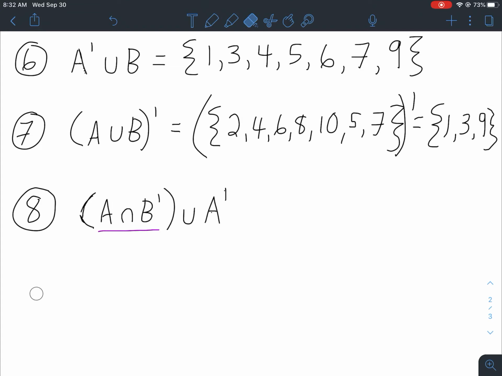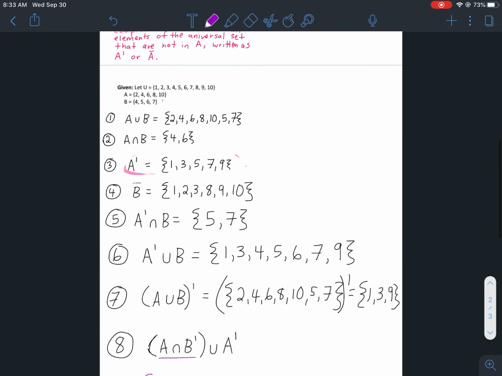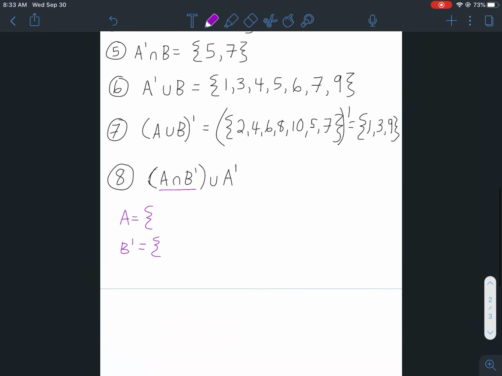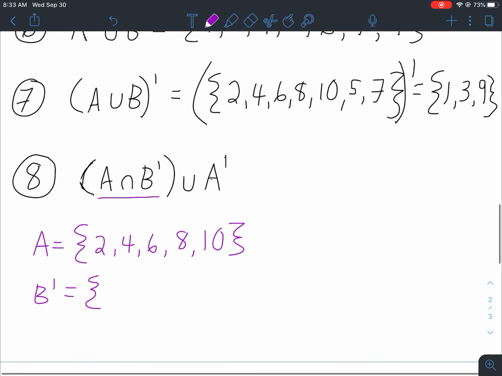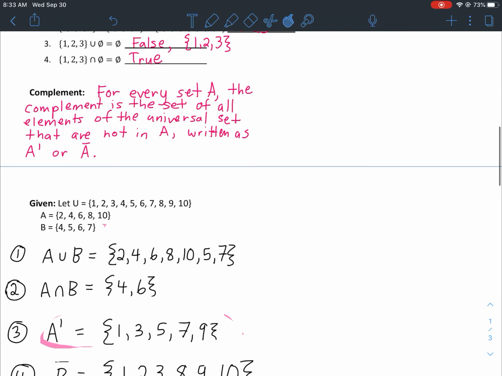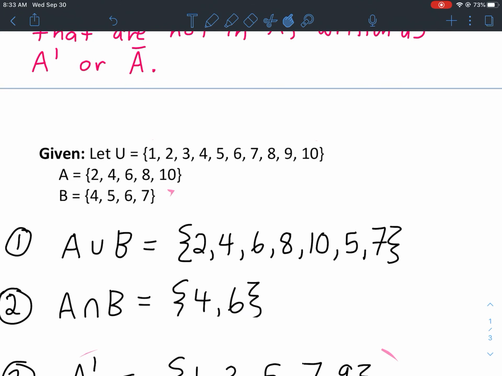What I like to do, especially when you're doing these long problems and you didn't already have all those problems before, is list what A is and what B complement is to help us out. So set A, if we go back up top, that was 2, 4, 6, 8, 10. And B complement is everything that's in the universal set that's not in B. So if we look back up top, B was 4, 5, 6, 7.